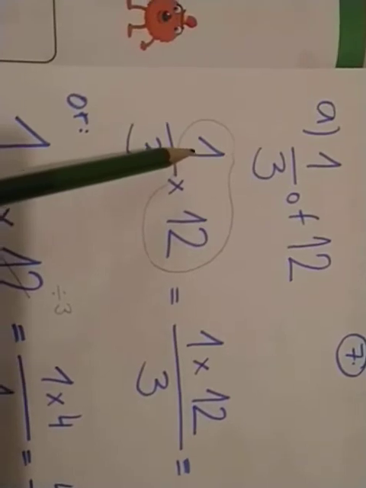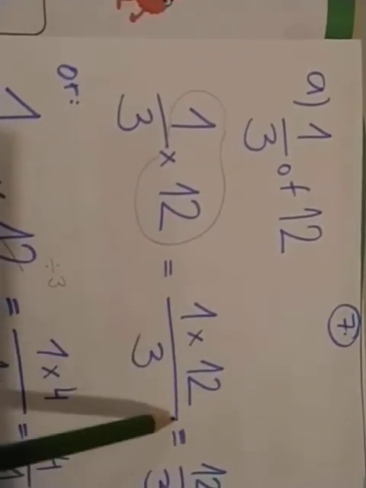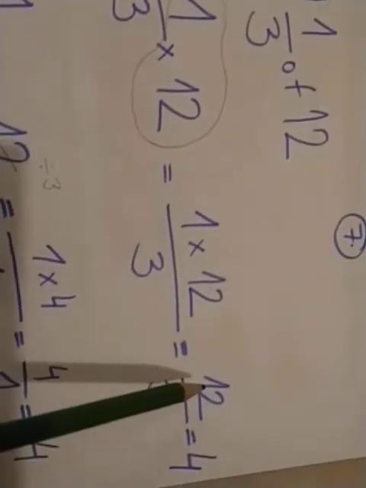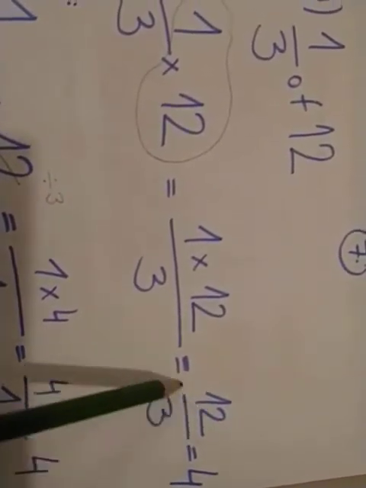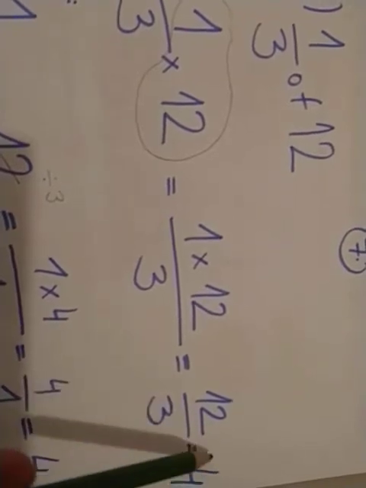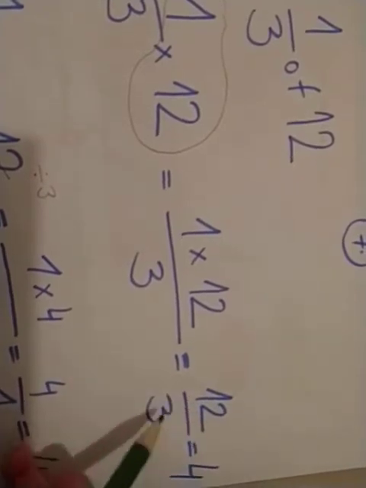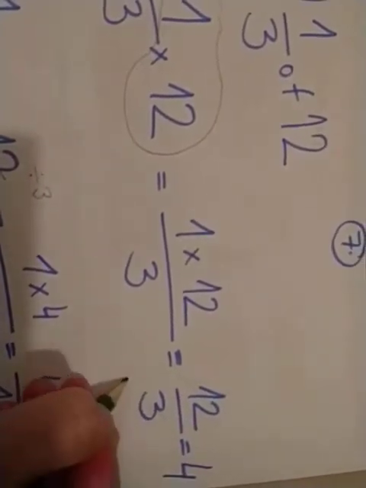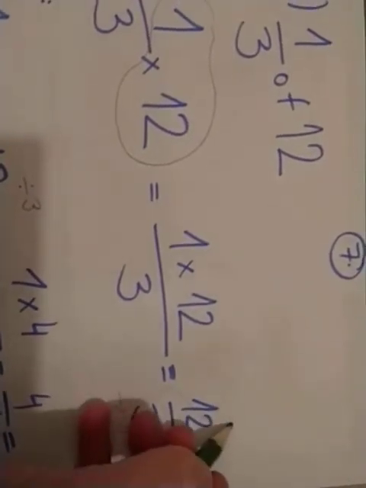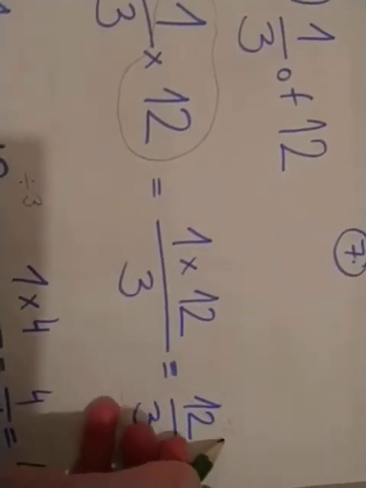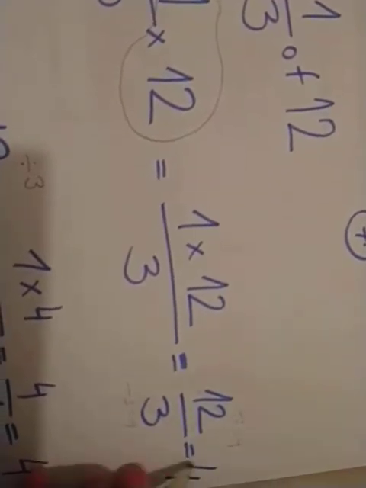What I do is multiplication, 1 times 12 thirds, and I get 12 thirds, and I can simplify it. 12 divided by 3 is 4. If I do this, I can divide 3 by 3, so I get 1. 12 I also divide by 3, so I get 4. So basically I got 4 ones, so it's 4.